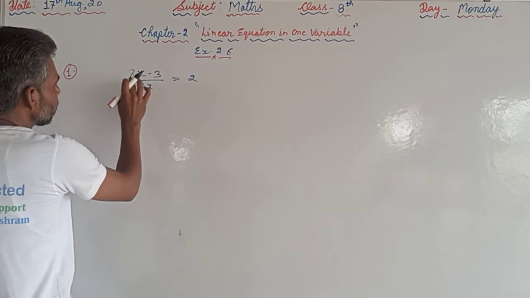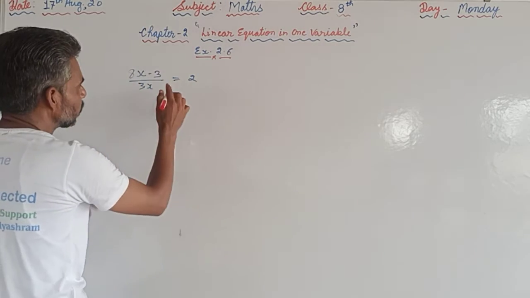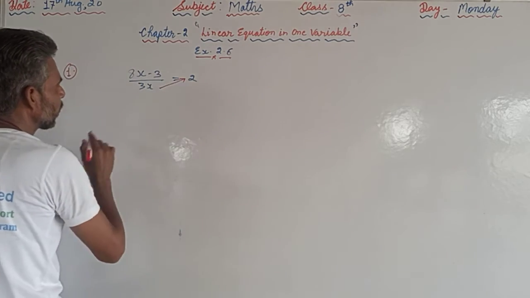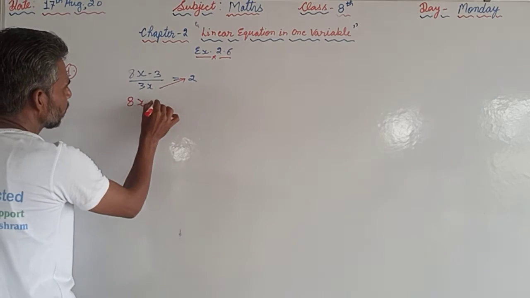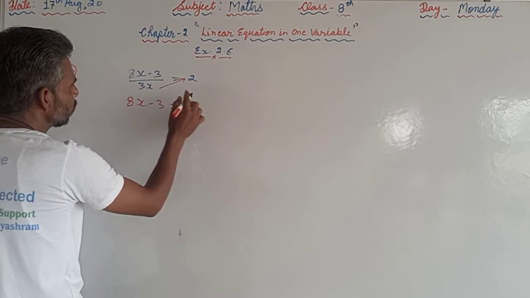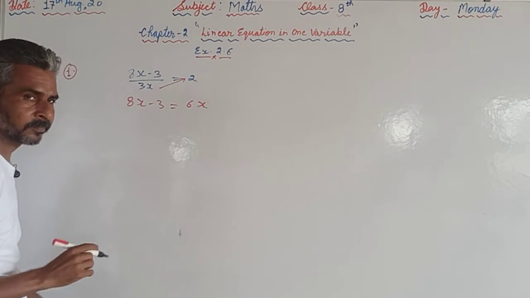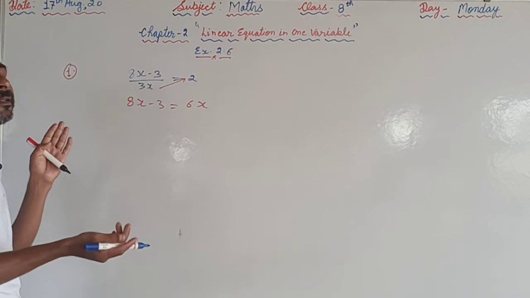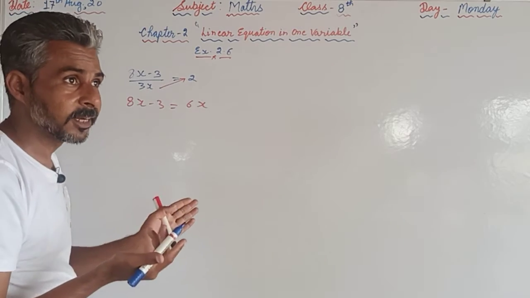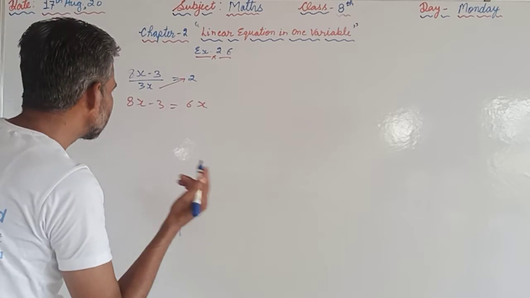In the question it is given whole upon, then we are supposed to cross multiply. Then 8x minus 3 is equals to 3 2s are 6x. Now we are supposed to equate the terms including the variable on one side and the constant terms on the other side.